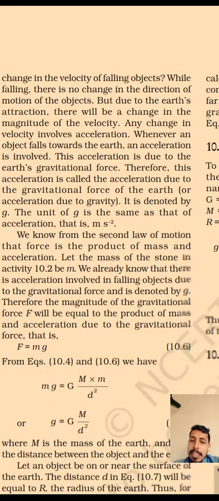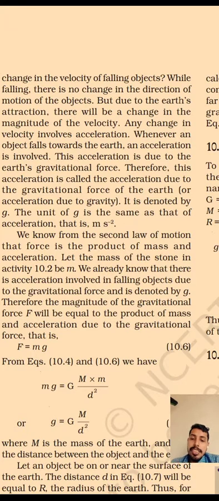From equations 10.4 and 10.6, the universal law of gravitation gives F is equal to G into M m divided by d square. In that, F is replaced with m into g, so mg is equal to G M m by d square.